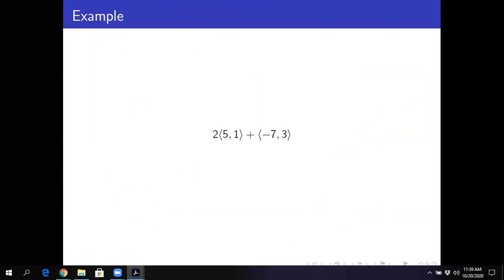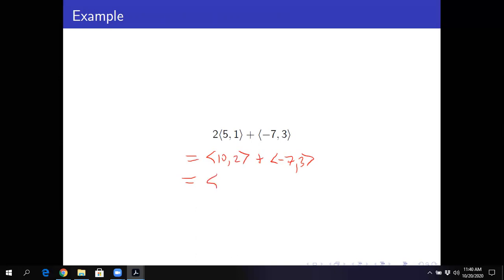How would I compute this? Well, first of all, if I have 2 times the vector (5, 1), what's that going to be? 2 times 5, 2 times 1, I get (10, 2), plus (-7, 3). Now I just have to combine.